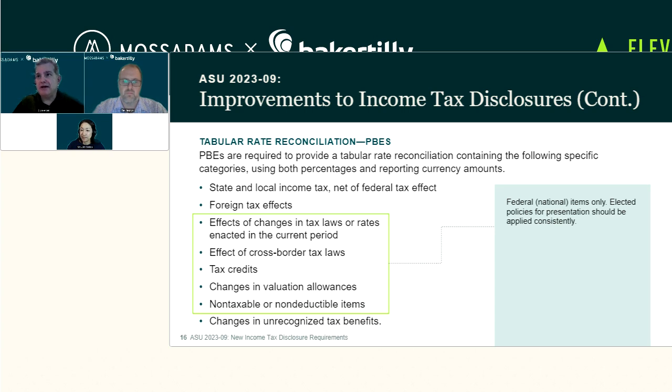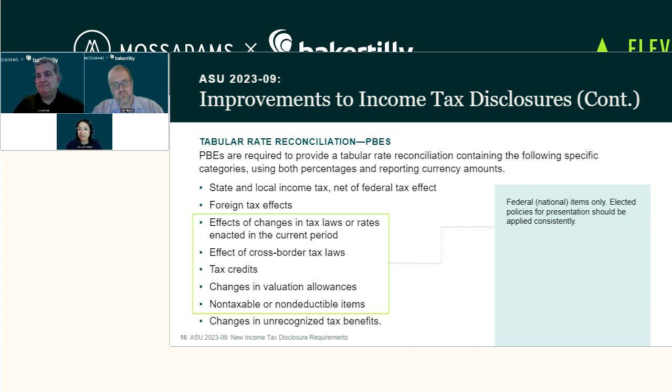Maybe it's a policy election. Would any part of that valuation allowance change go in the change in tax rate, change in tax laws line, since maybe you could tie that valuation allowance change to the effects of the law? Or do we strictly put all valuation allowance in the change in valuation allowance line? We just don't have any specific guidance addressing that point.